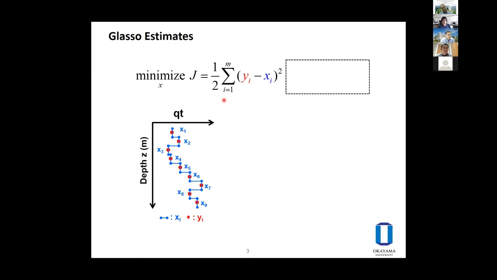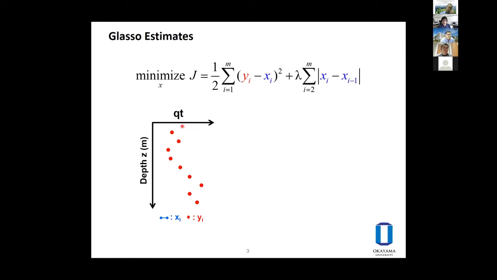So this is just copying the observation data. But this is not what we want to do in site characterization. What we want to do is to estimate the hidden structures or hidden trends among the data. So by minimizing this objective function, we can get a reasonable trend.